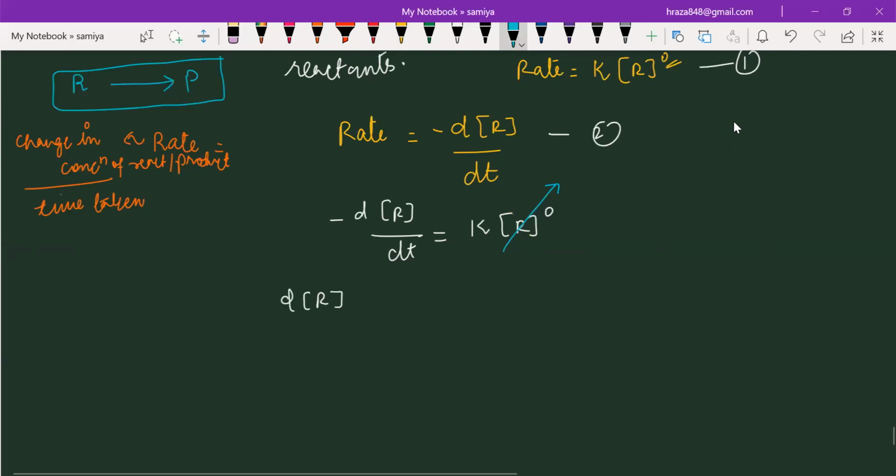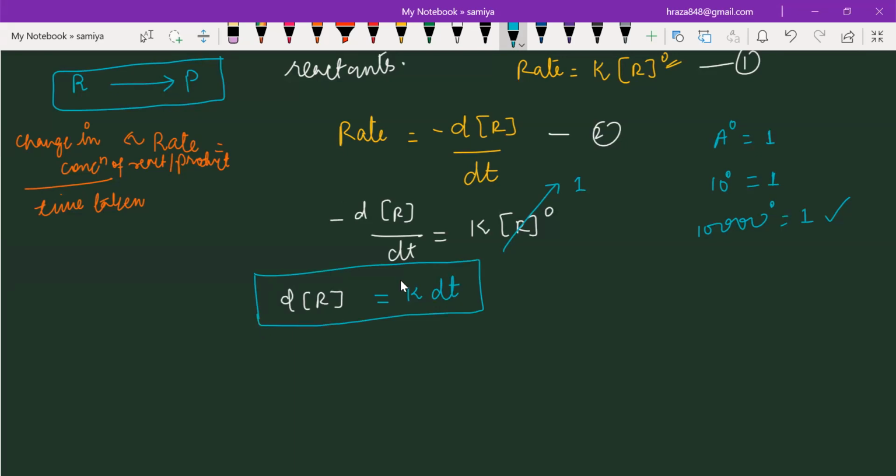If you put power 0, that will be 1. 10 raised to the power 0, that will be 1. 10,000 raised to the power 0, that will be 1. Are you aware of this? So this will be 1, and k into dt. Can I write this?